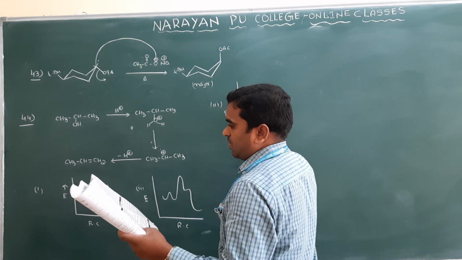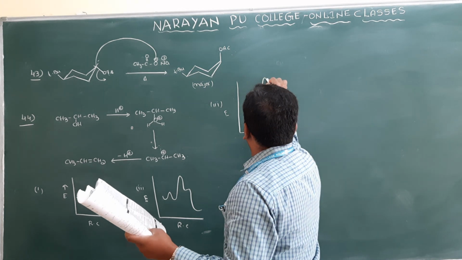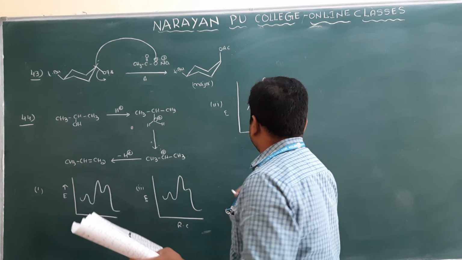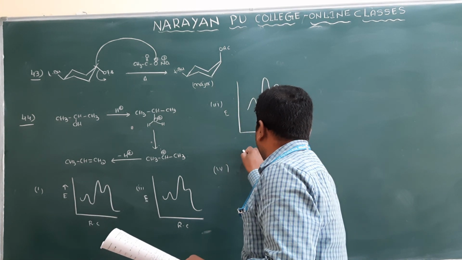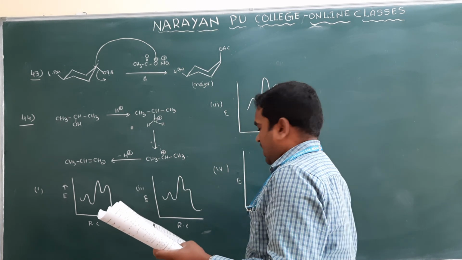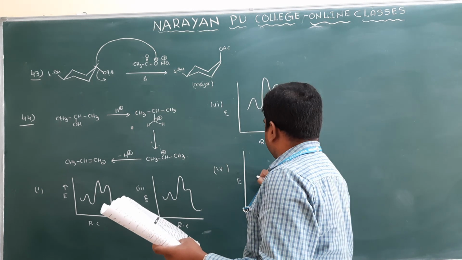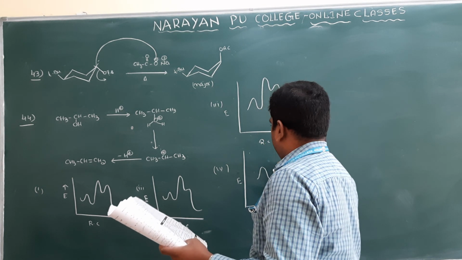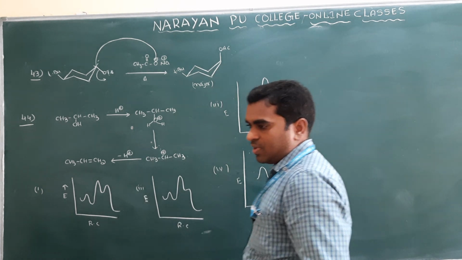This is one. Next is the fourth one, again E and reaction coordinate. This is 4. Clear?